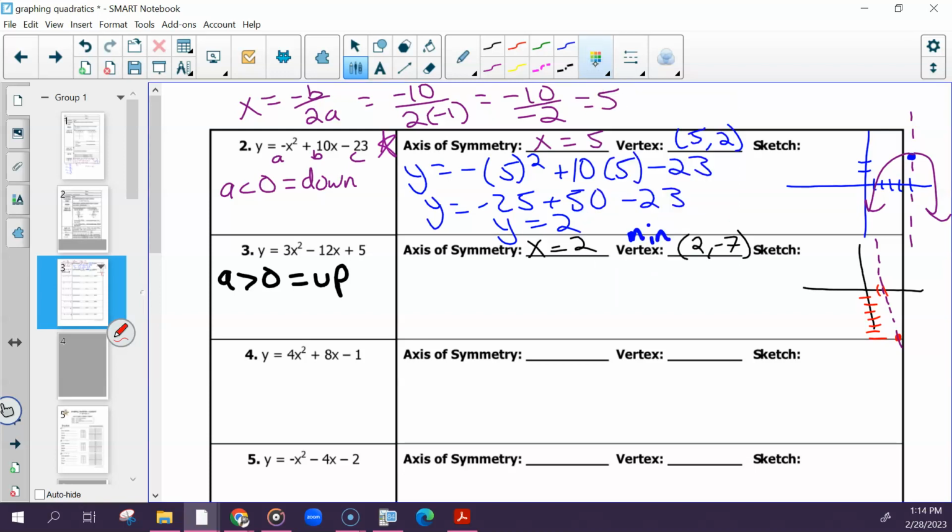And we know this goes up, so from your vertex, graph your points. The work for this would be, you did it on the graph, so you could say found on graph. That's it.